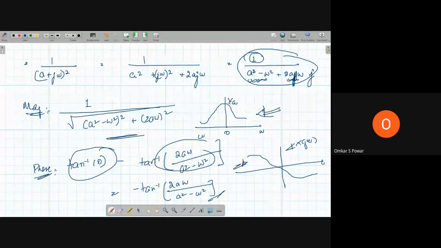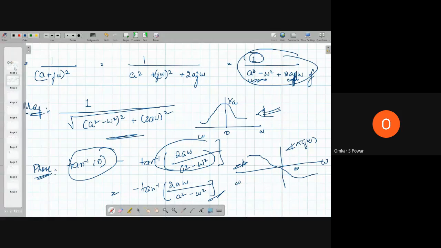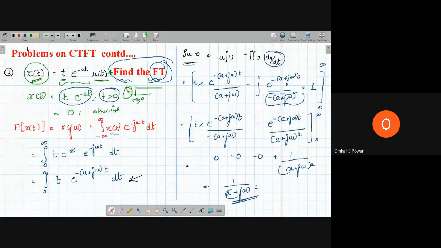Okay. So now let us see what I have done in this problem, so that we'll get a brief idea. Given the problem, x of t is equal to t e power minus at u of t. The first thing we have to do is write the mathematical expression. Then write the formula: Fourier transform of x of t is X of jω equals integral from minus infinity to infinity of x of t e power minus jωt dt.